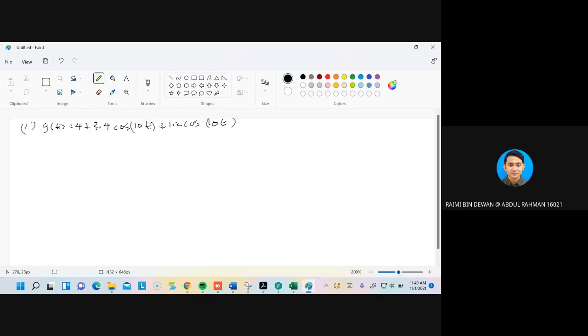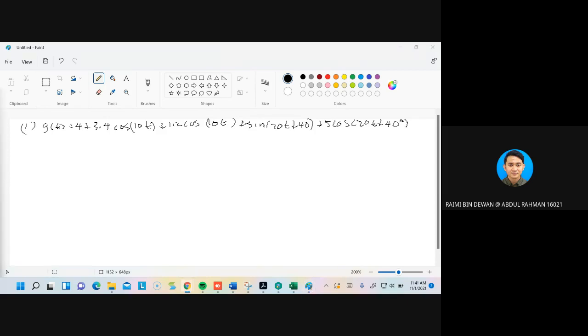And then the next is you have sin(20t + 40), and then you have 5 cos(20t + 40 degree). Okay, this one. So now try to simplify this first, slowly.